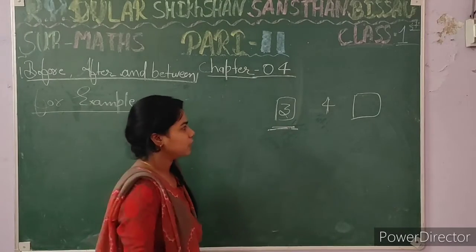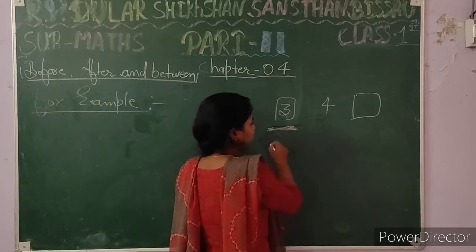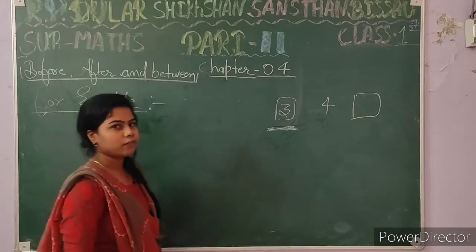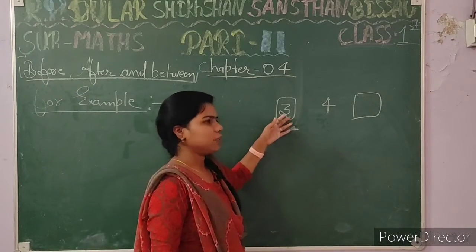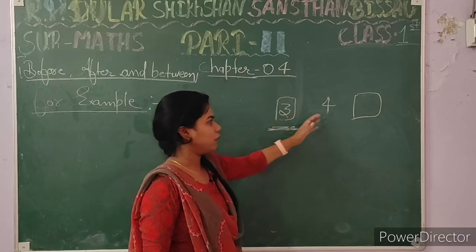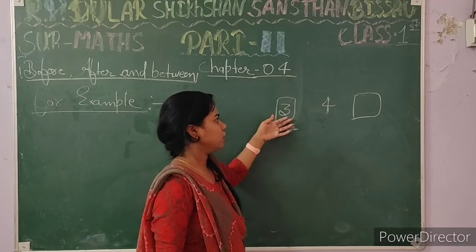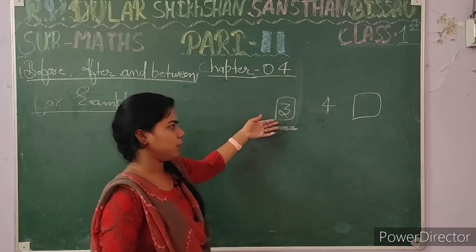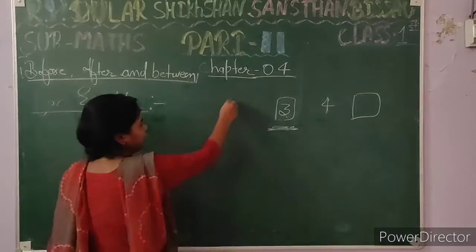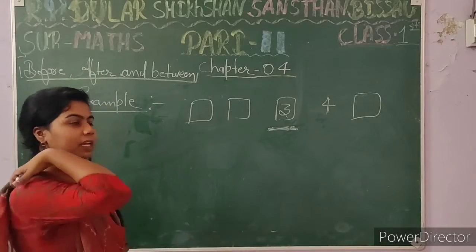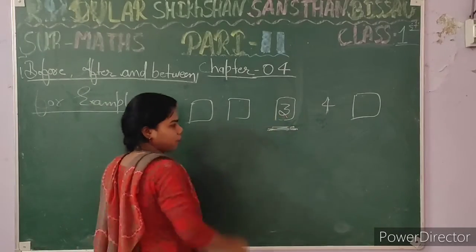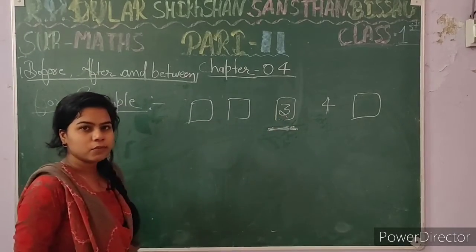Okay students, what is the meaning of before? Before means we use reverse counting. Which number comes here depends on the reverse counting. Which number will fill up this blank? Then there are some blanks like that. The question will become, which number comes before 3?